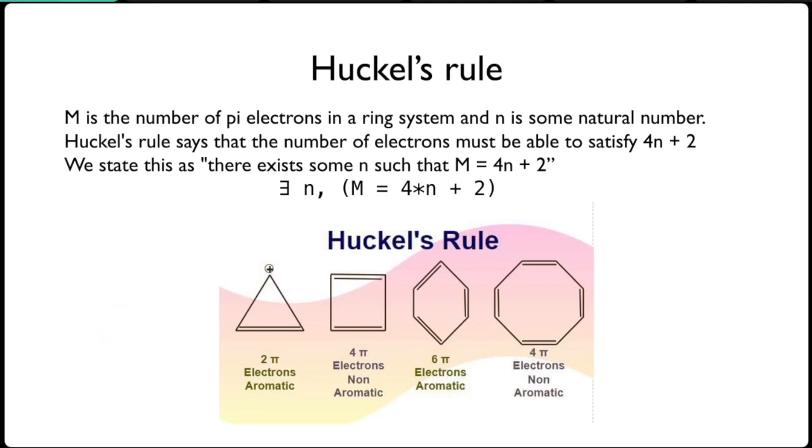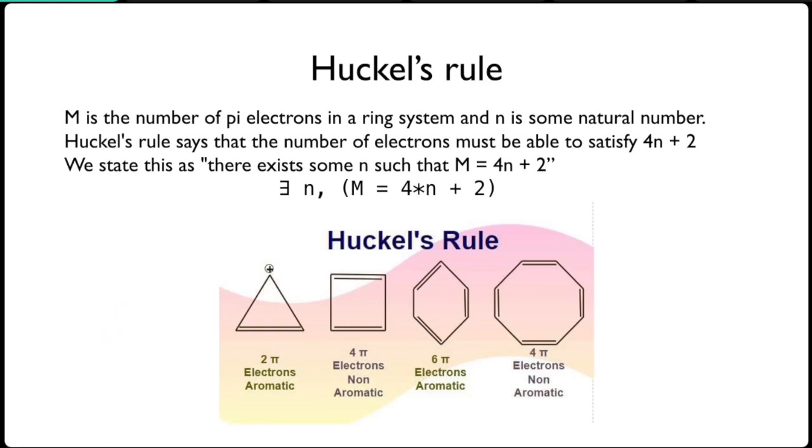When we were discussing this amongst the group, as we were trying to state this in the first place, I hadn't seen this little picture or considered this case. And so people were like, well, shouldn't we be saying there's a constraint that n is greater than 0? If I'm not going to include this weird little highly unstable molecule in my definition of aromaticity, then maybe I need an extra condition, n greater or equal to 1, or n greater than 0, something like that.